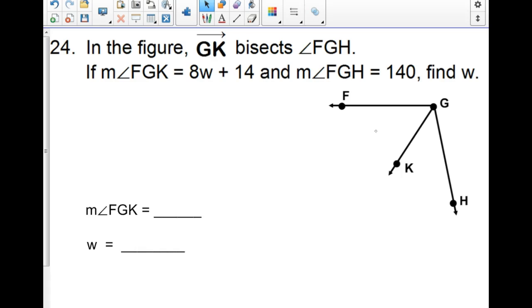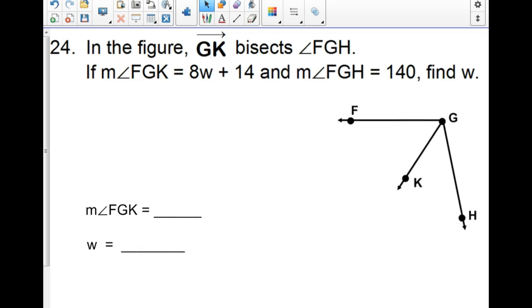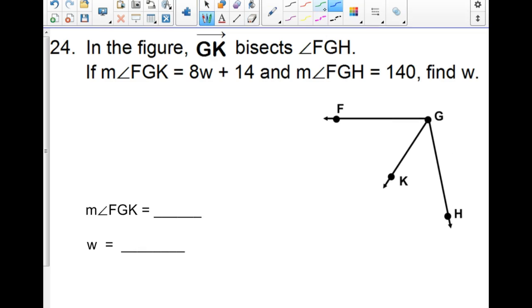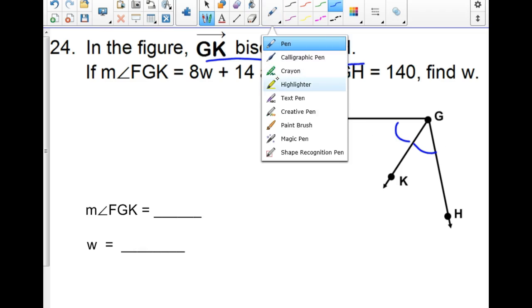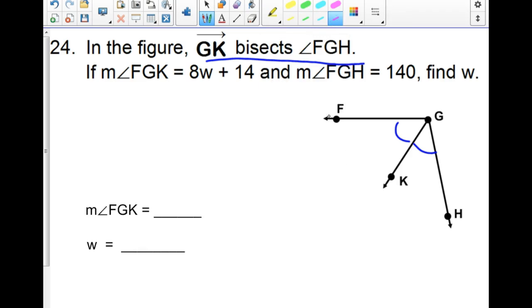If in the figure ray GK bisects angle FGH, that means this angle is cut in half. Bisects, we need to know what that means. Angle FGH is this big angle, right? And the ray GK cuts it in half.